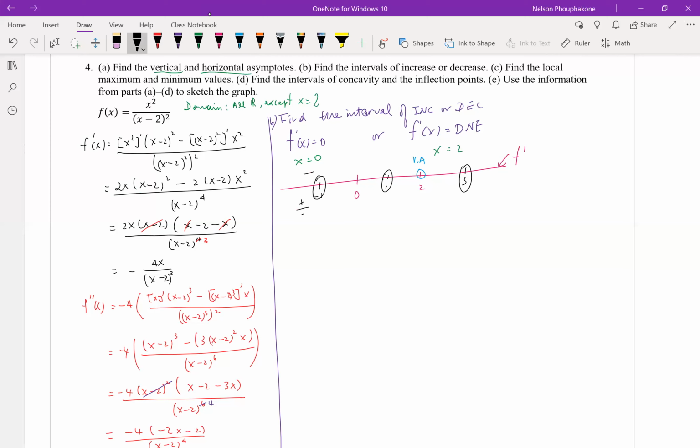If I plug in 1, I will have negative over negative, so this is positive here. Then if I plug in 3, I have negative over positive, so this is negative right here. Okay, maybe let me move it down a little bit.